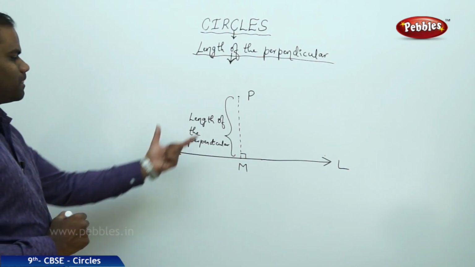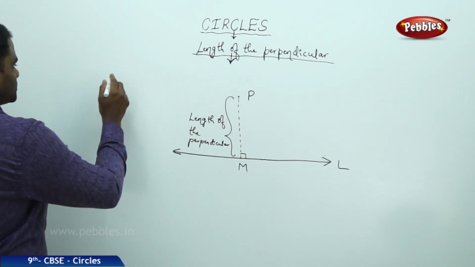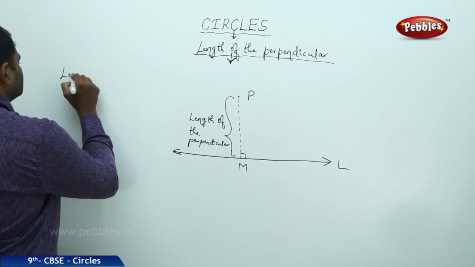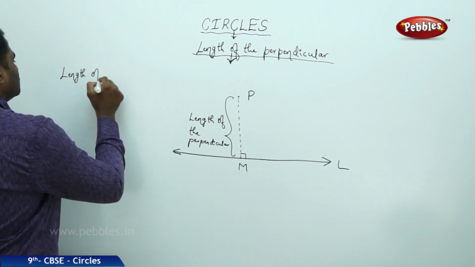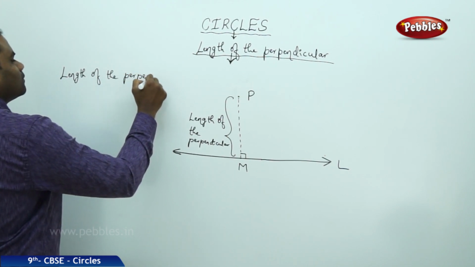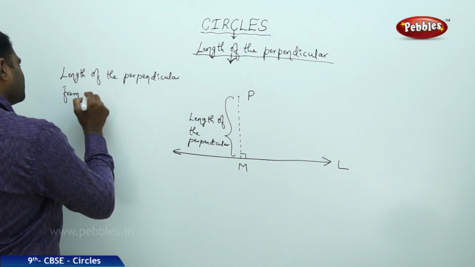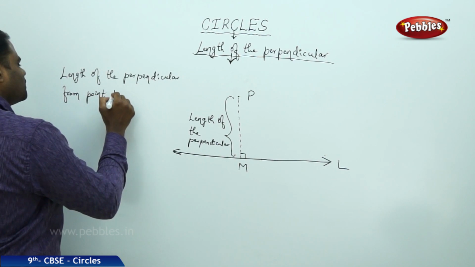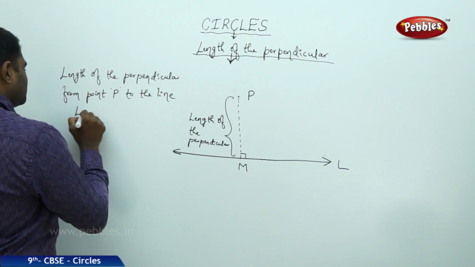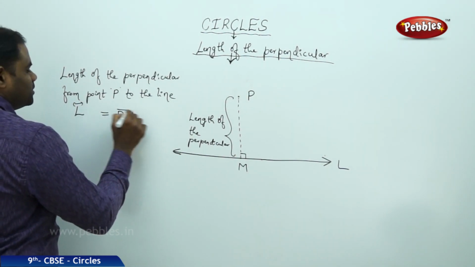So here I have clearly the perpendicular distance, which defines the length of the perpendicular from point P to the line L, nothing but the distance PM.